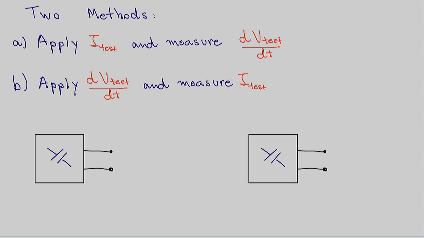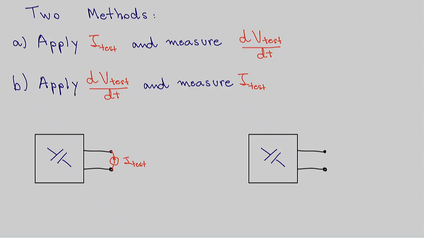So just so you have it in your notes, what would we do if we wanted method A, where you apply I-test? I would come to this unknown box, and then I connect a current source here. Let me make the current source a bit bigger. I connect the current source here, and I call that I-test.